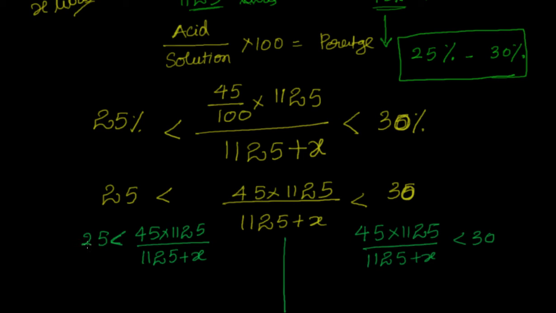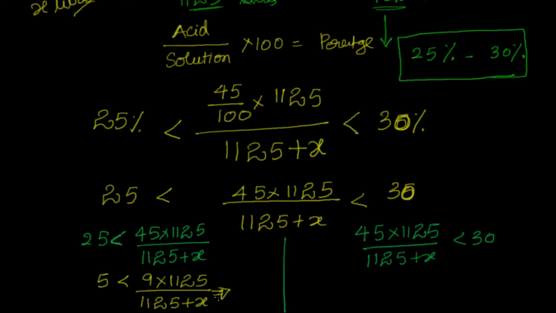If I solve the first one, if I divide by 5 on both sides, I will have 5 less than 9 into 1125 by 1125 plus x.